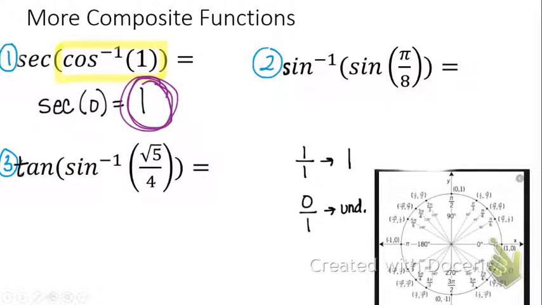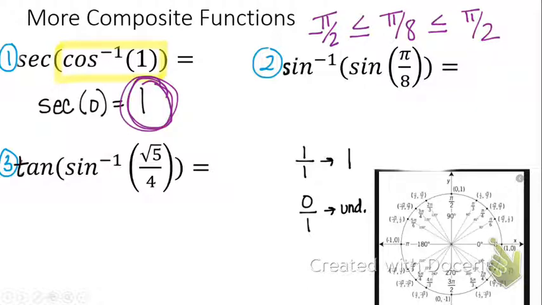So in other words, do you think pi over 8 is in between negative pi over 2 and positive pi over 2? What do you think? So is the fraction 1/8 between negative 1/2 and 1/2? Yes, okay.